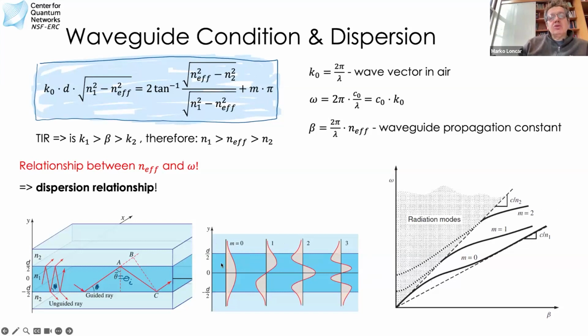So bottom line is, by choosing the thickness of this waveguide, typically on the order of the wavelength of light, by choosing the refractive index of both what we call here the core, which is where light propagates, and the cladding, which is the region where light is evanescent, and by choosing properly the frequency of light, I can have light propagate in single or multiple modes. And for many applications, especially in quantum, single mode operation is desired.